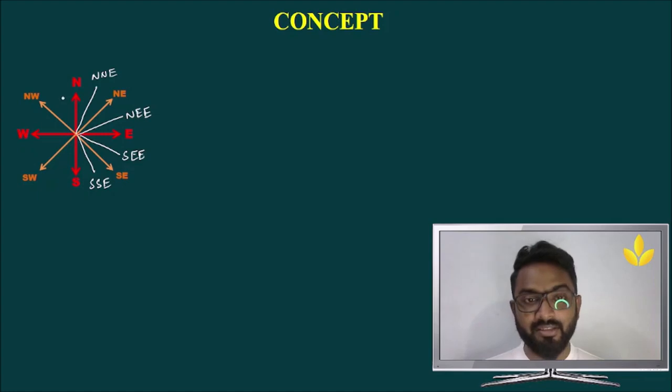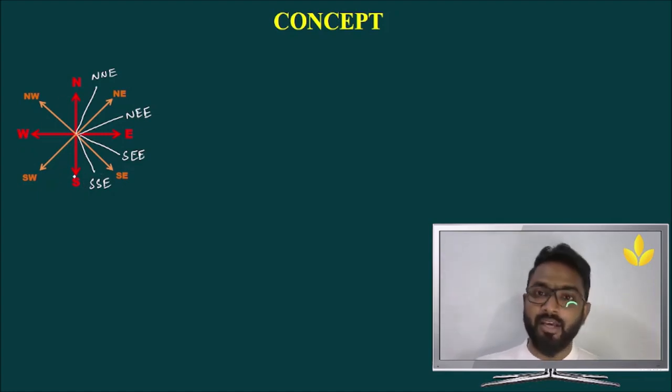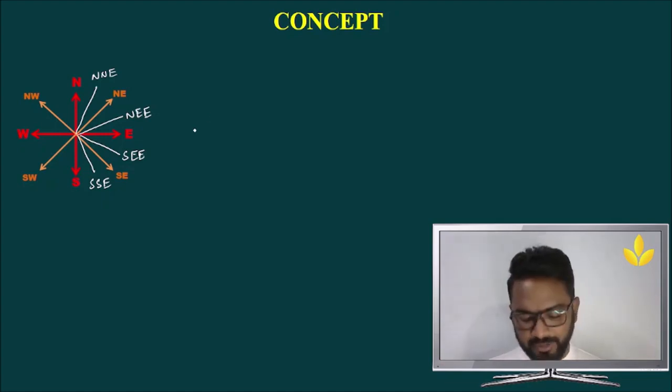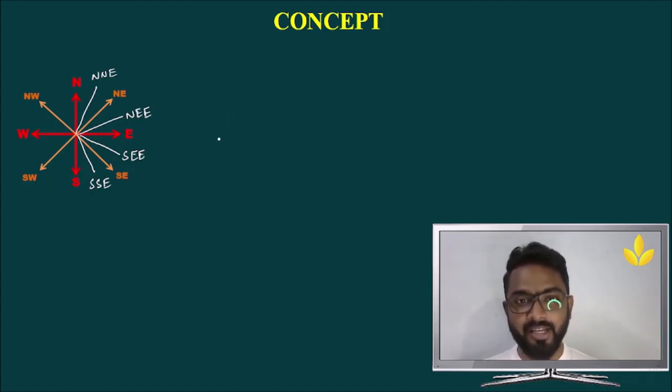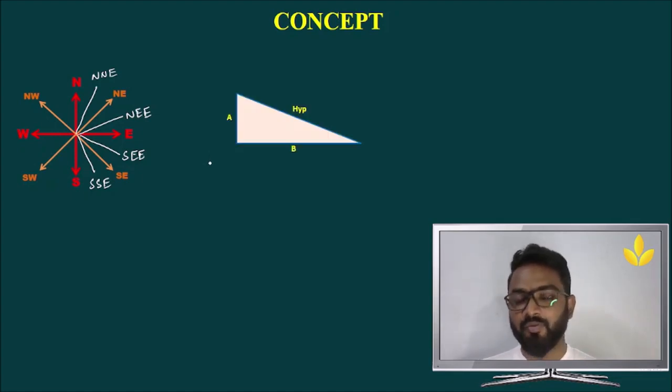Other than just the directions, the name of the topic is direction sense, but just knowing the directions is not enough. Sometimes you'll need to calculate a few things, and for that you will need a very important theorem called the Pythagorean theorem, which deals with this right angle triangle.